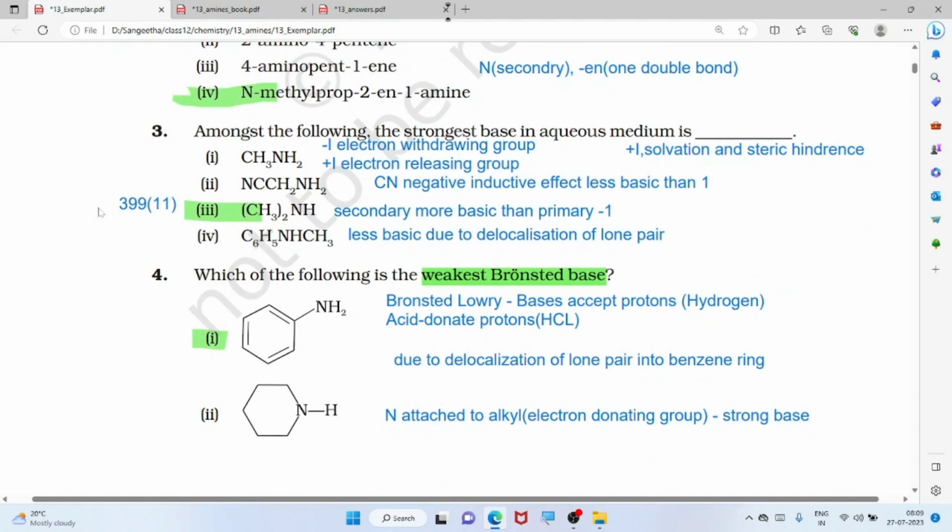Amongst the following, which is the strongest base? I already showed you the order of basicity. The basic character depends on the inductive effect, solvation and steric hindrance.